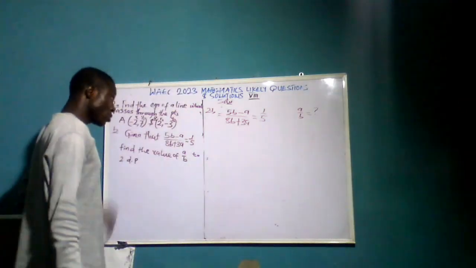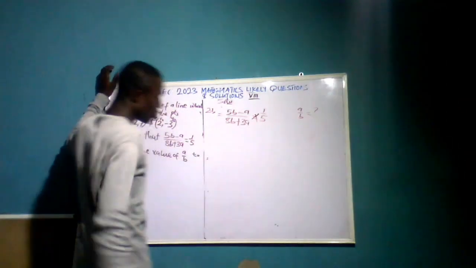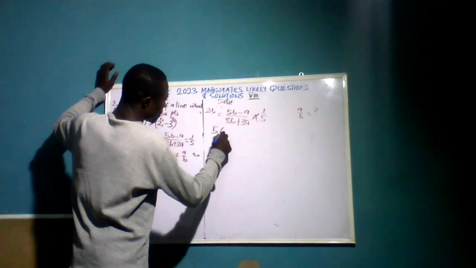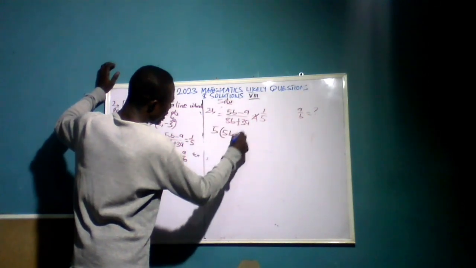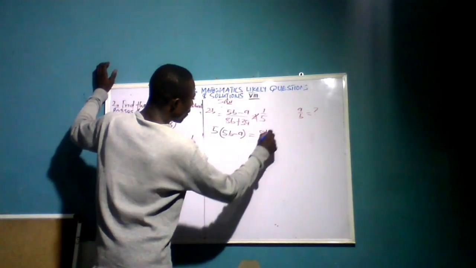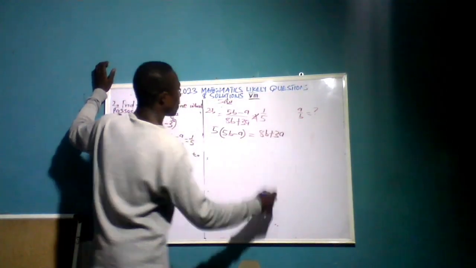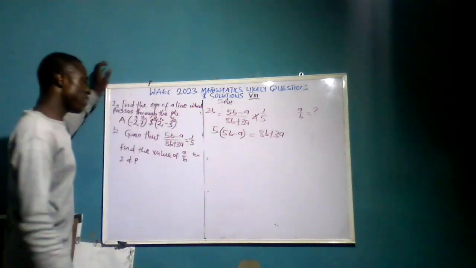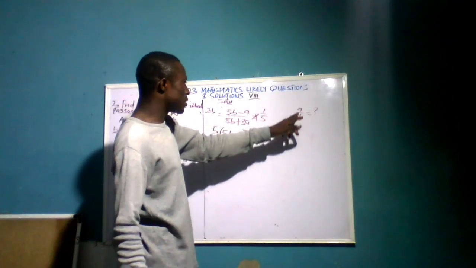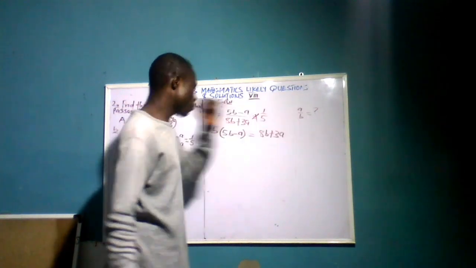Okay, now let's cross multiply. That will give you 5 into brackets 5b minus a close bracket equal to 8b plus 3a. Okay, have at the back of your mind that you want to get a over b is equal to, okay?